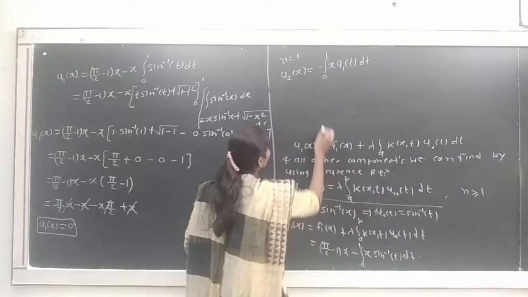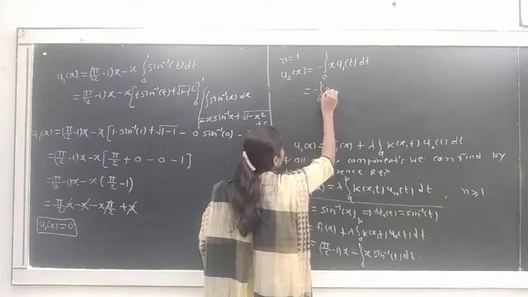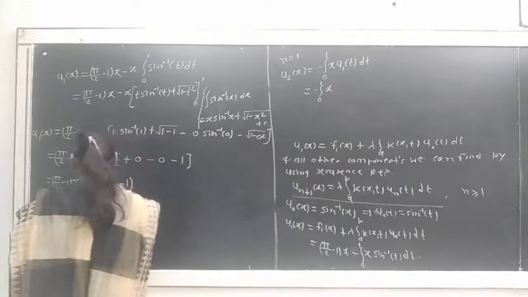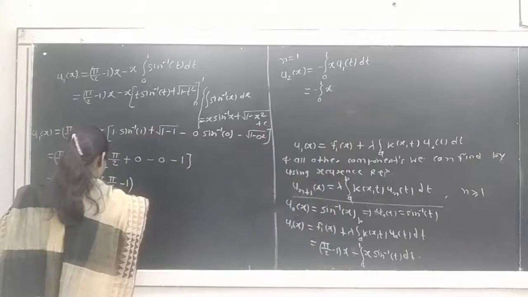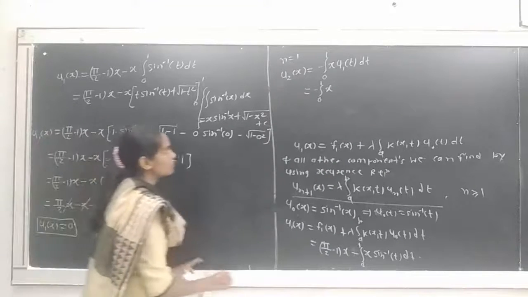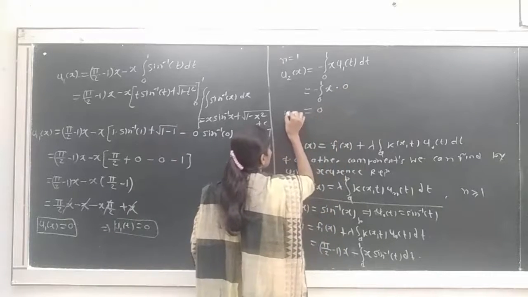So we get minus integration from 0 to 1, x as it is. Since u1 of x is 0, u1 of t is also 0. If we put this value here, we get x into 0, so this integral becomes 0.